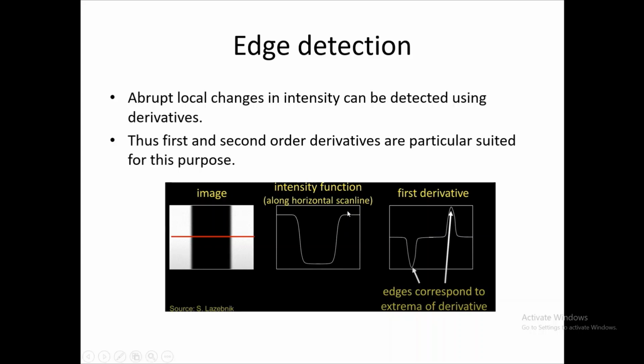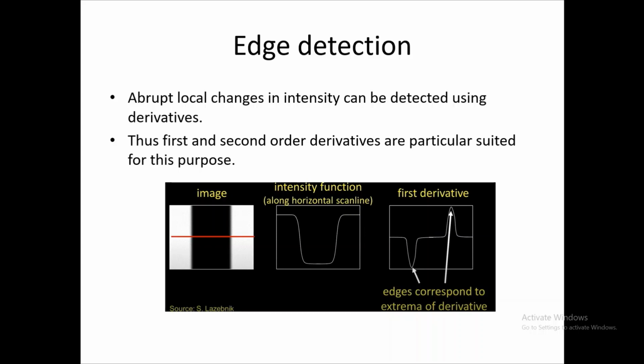Now if we apply the derivative to this function, we will get a result like this. This is the result of the first derivative applied to this intensity function, and we see two extremas, and these two extremas correspond to the changes in intensity in the horizontal line.